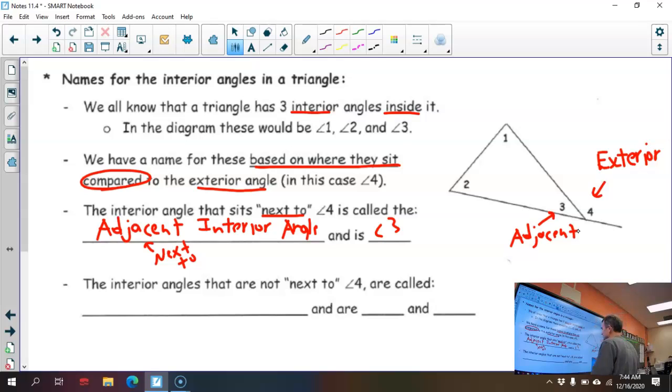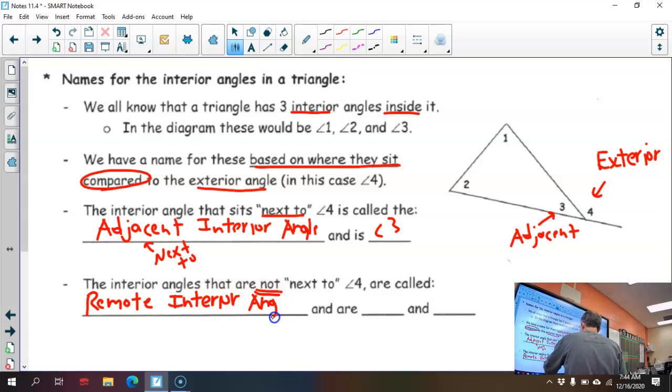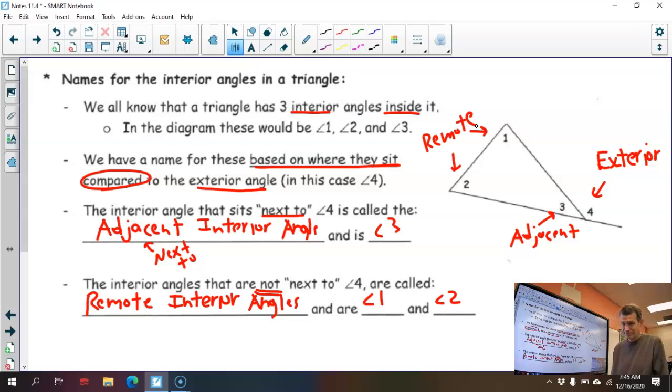The interior angles that are not next to angle 4, we call them the remote interior angles. And of course, that would be angle 1 and angle 2. These guys would be the remote interior angles.